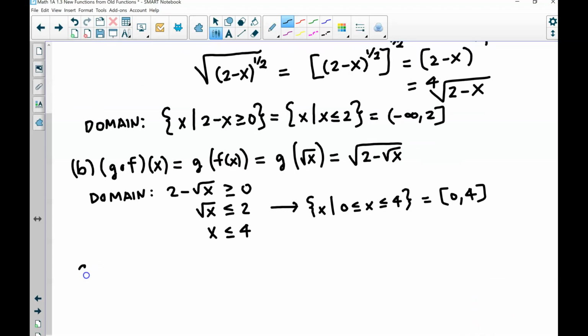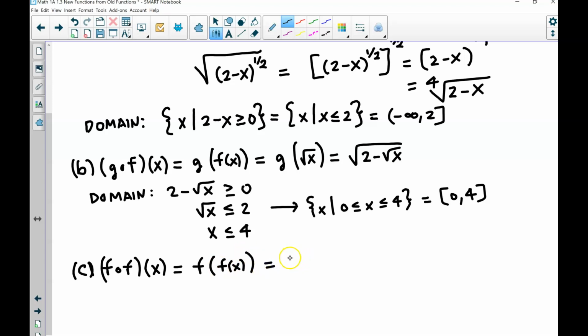And now if we take a look at C, we want to find f composite f of x. And again, writing down the definition, f of f of x.